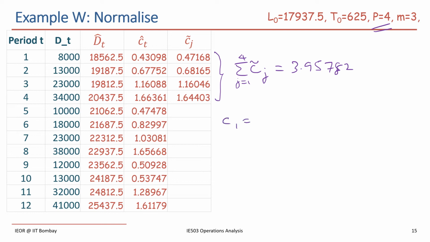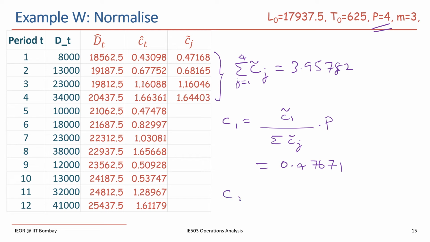For example, c1 is going to be c tilde of 1 divided by the summation of c tilde j, multiplied by p, which comes out to be 0.47671, marginally higher than the c tilde j I got.